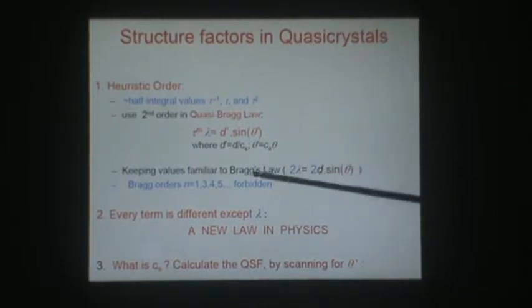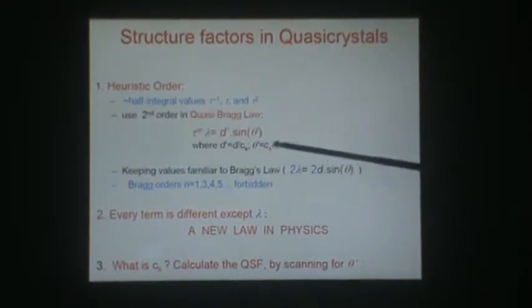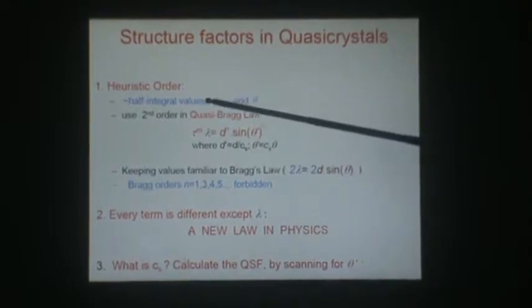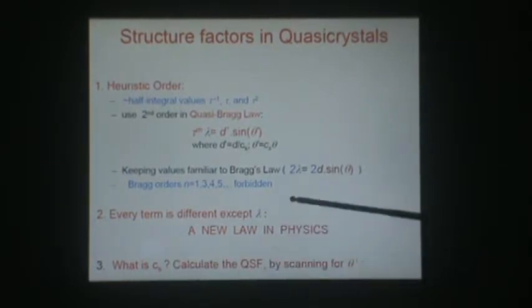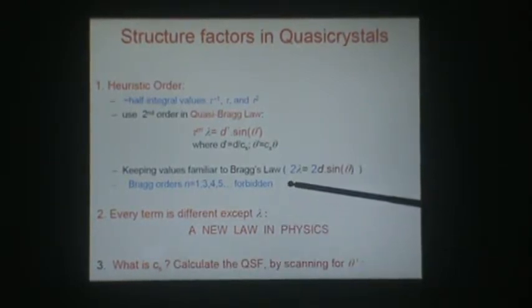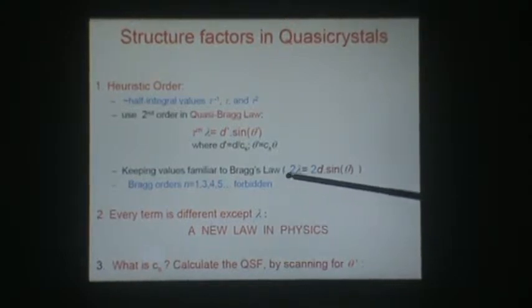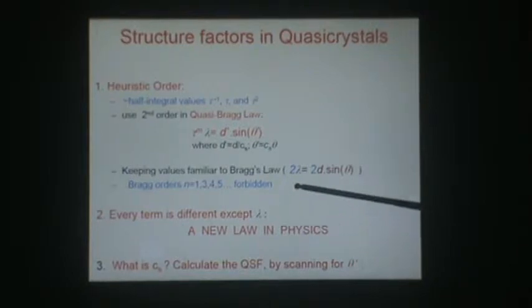Every term in Bragg's law is different from every term in the quasi-Bragg law, excepting only the wavelength lambda. The quasi-Bragg law is a new law in physics. The factor 2, that describes the second order diffraction, we call the heuristic order.